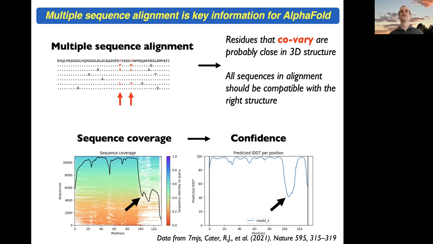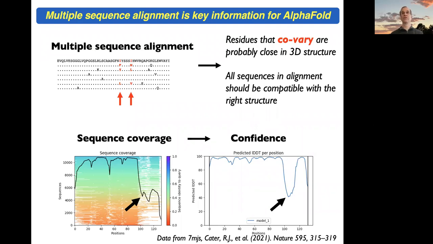The left-hand panel shows on the y-axis the number of sequences that are aligned, and the x-axis is residue position. On the left-hand side, there tend to be many more sequences in the sequence alignment. On the right side, there aren't so many.